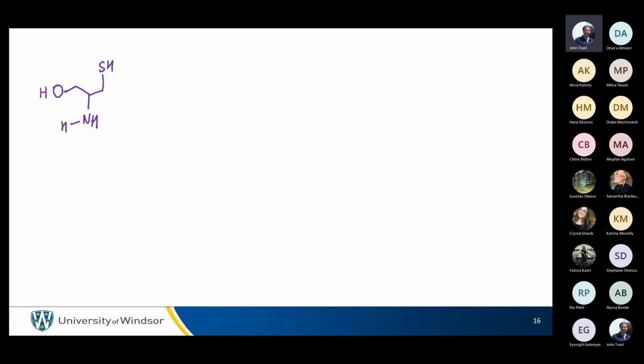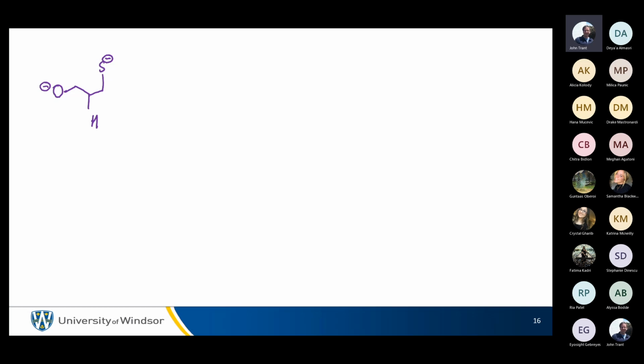The most acidic proton on any molecule is the one that gives you the most stable other product. In this case, everything is neutral, which is a good first thing to check. And then we can start to figure out what happens. If I remove this proton, S minus, that's okay. If I remove this one, O minus, that's okay, but not as good as S minus because S stabilizes a negative charge better than oxygen does.